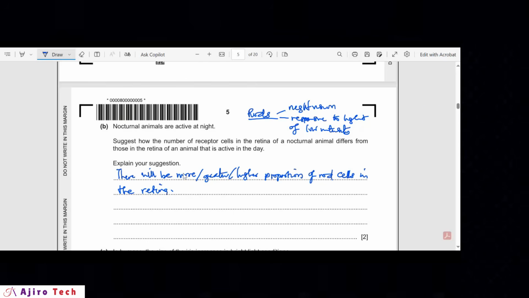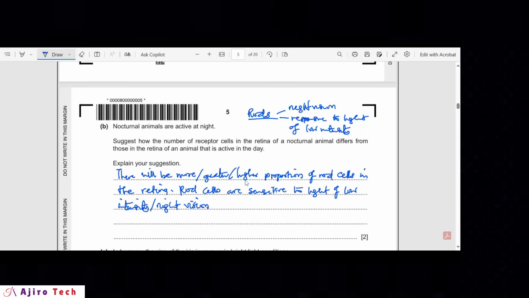Also, we know that rod cells, from what I just said, are sensitive to light of low intensity, or night vision, right?